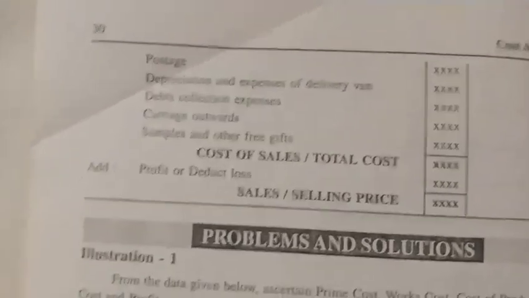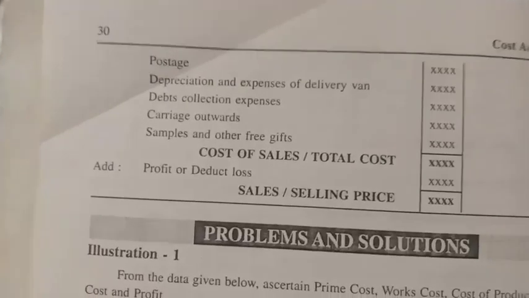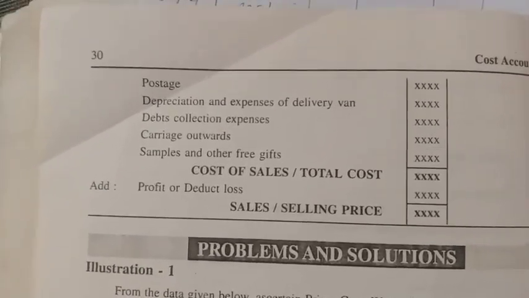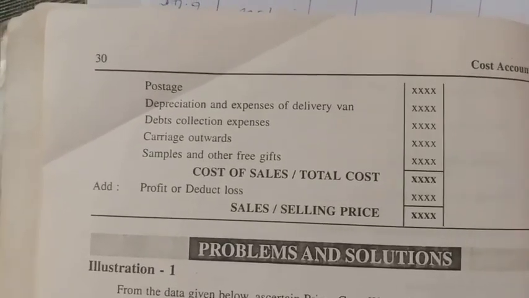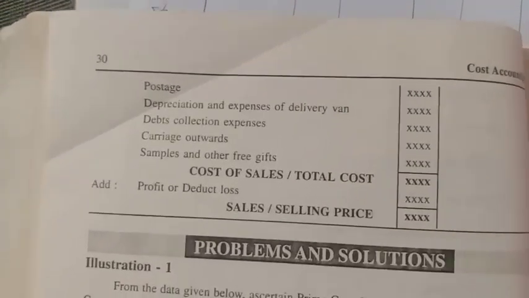If you add all these selling and distribution expenses, you will get cost of sales or total cost. With the total cost, if you add profit, you will get the sales. If loss is given, you deduct the loss, and there also you will get the sales value.